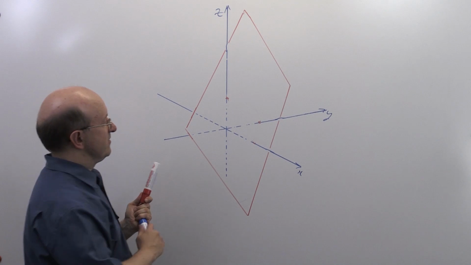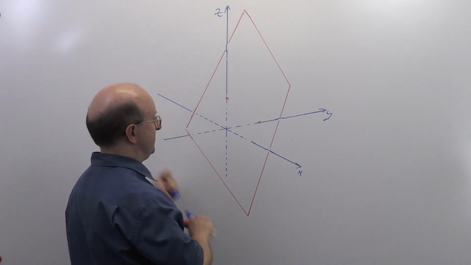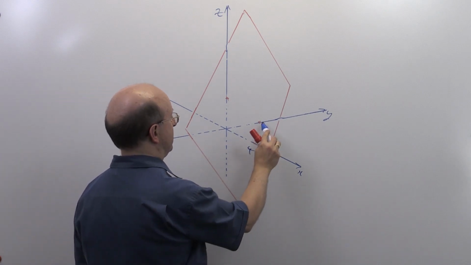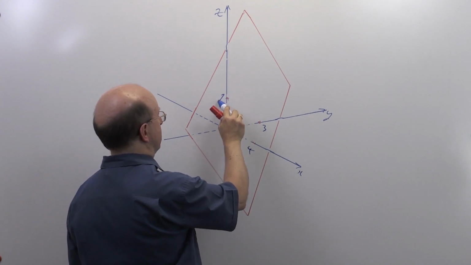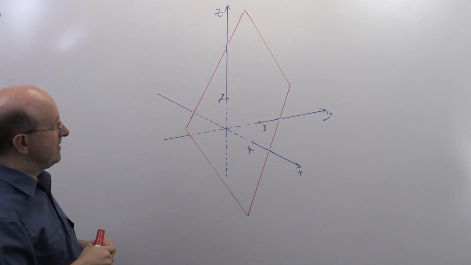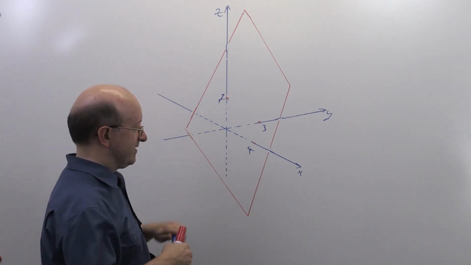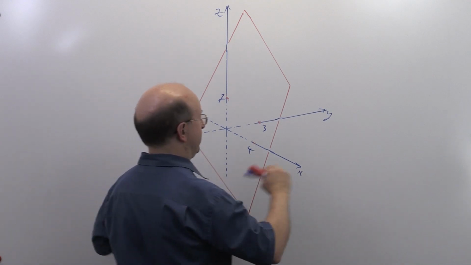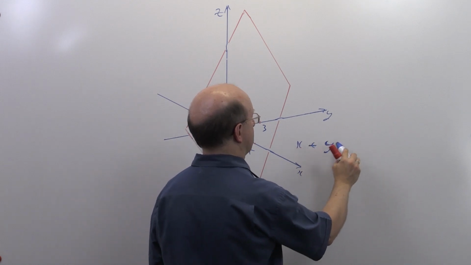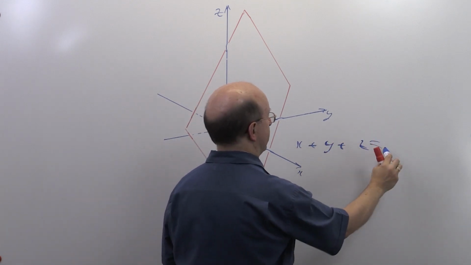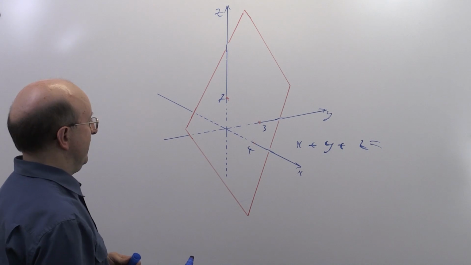You then put in what these numbers happen to be, whatever they are. I don't know, 4, 3, 7 or something like that, and maybe that's not such a great choice. Then you'd have to say, okay, well, what is that plane? That's the plane x plus y, I'll have to put numbers in here, equals 7, 3, 4.